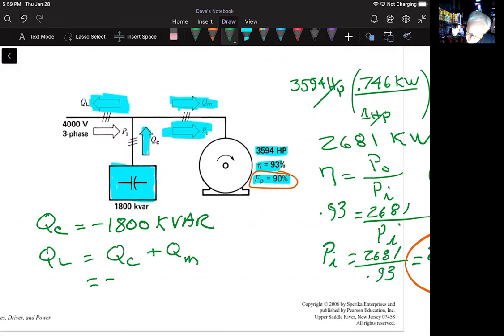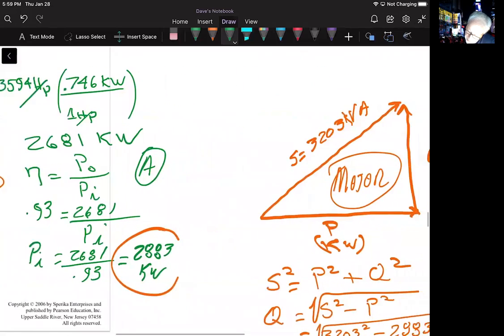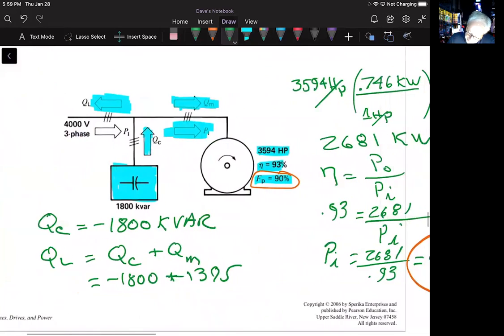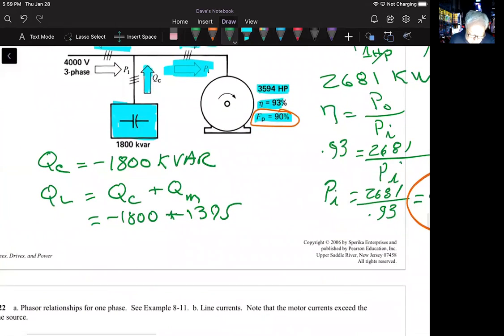So if I have minus 1800 from this bank plus this 1395 that I calculated earlier, or did I erase it already? Yeah, here, right, to the motor. So the difference between those two is 405.